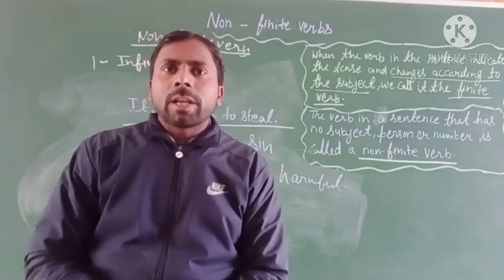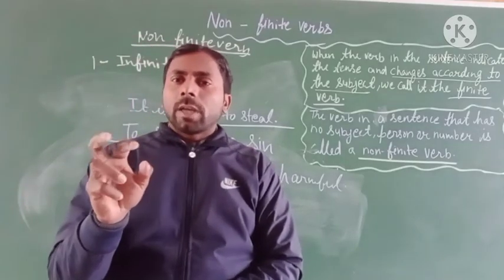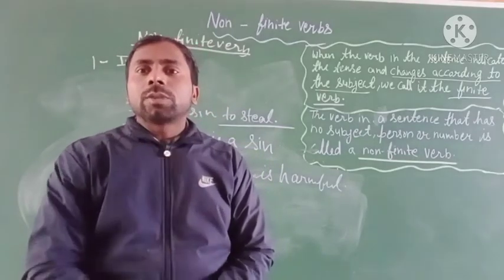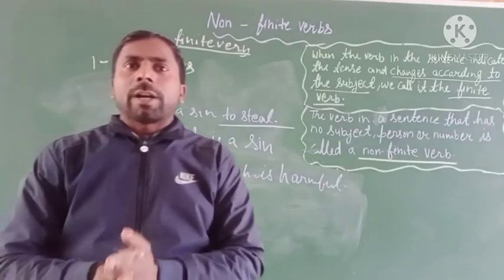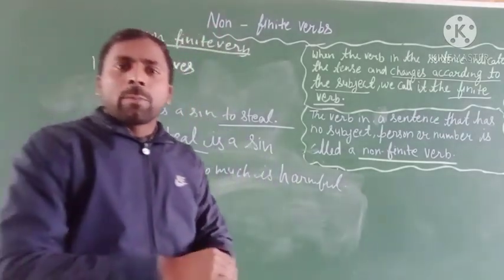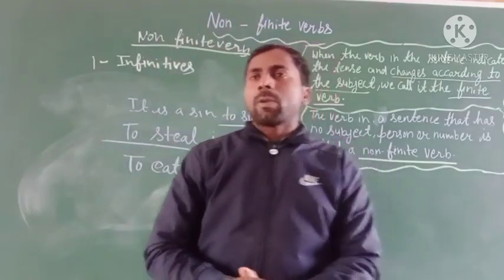They might leave Dehradun next week. Between might and leave we do not use to. So I hope you all understand about the non-finite verb. If you have any problem, then comment in the comment box and I will solve your problem.